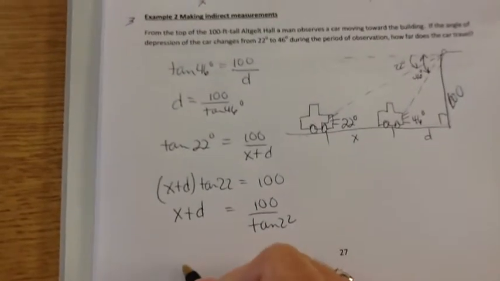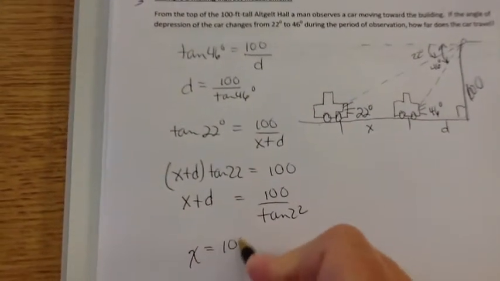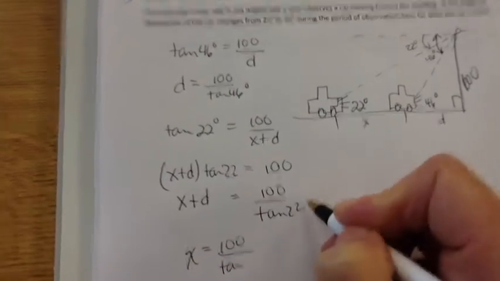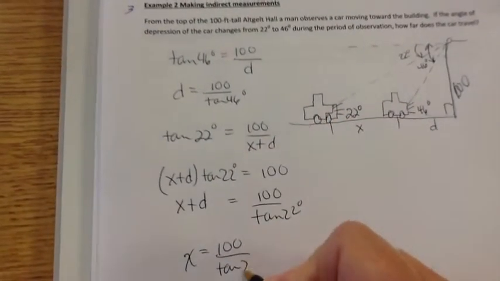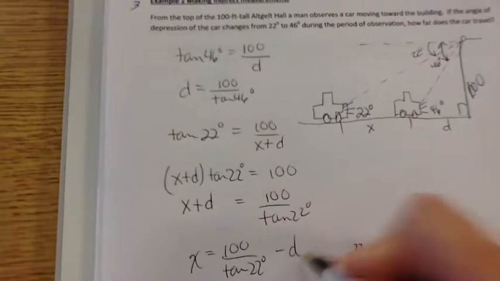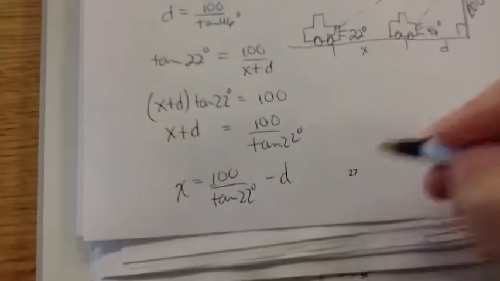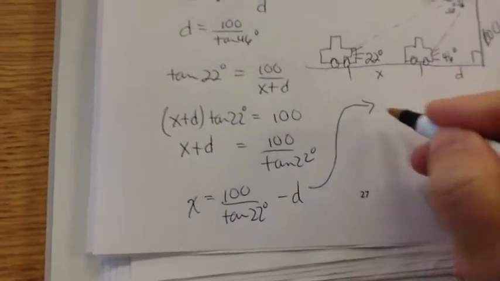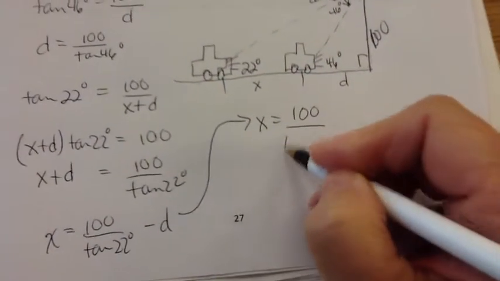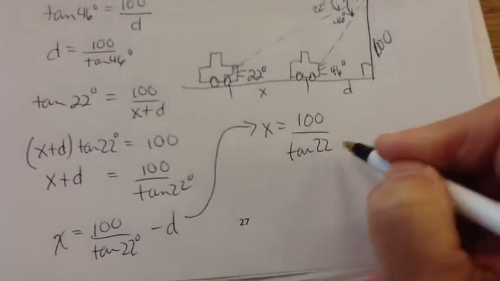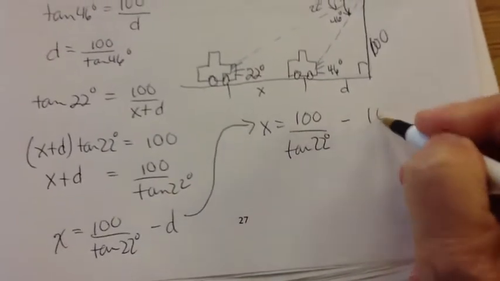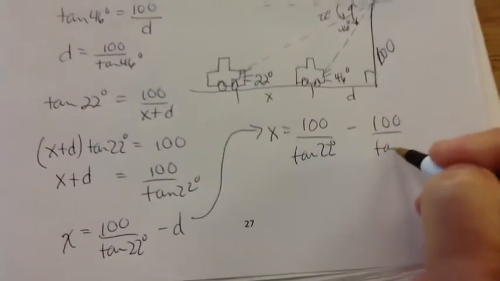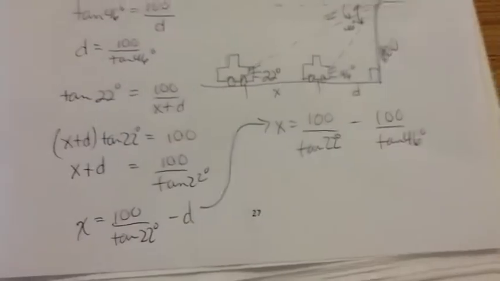All right, so that means x equals 100 over tangent of 22 degrees minus D. Well, what does D equal? Well, let's bring it up here. It's 100 over the tangent of 22 degrees minus 100 over the tangent of 46 degrees.